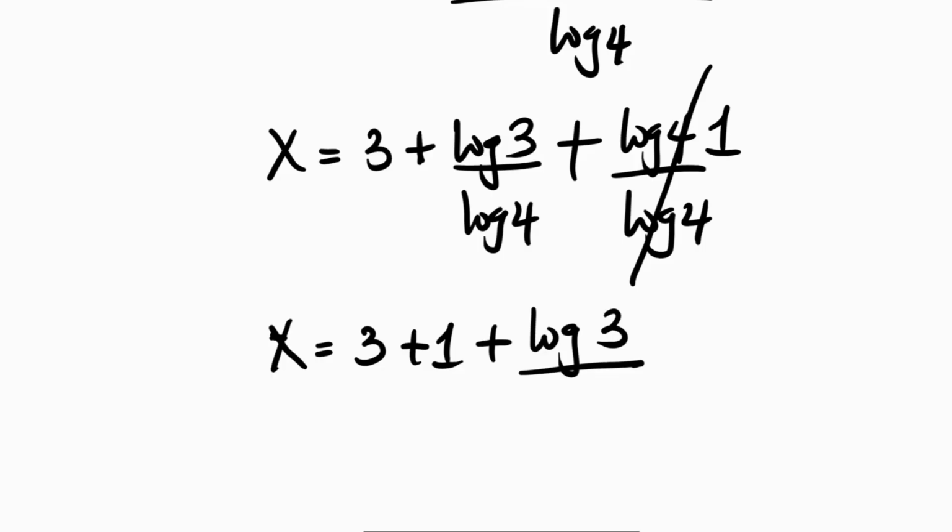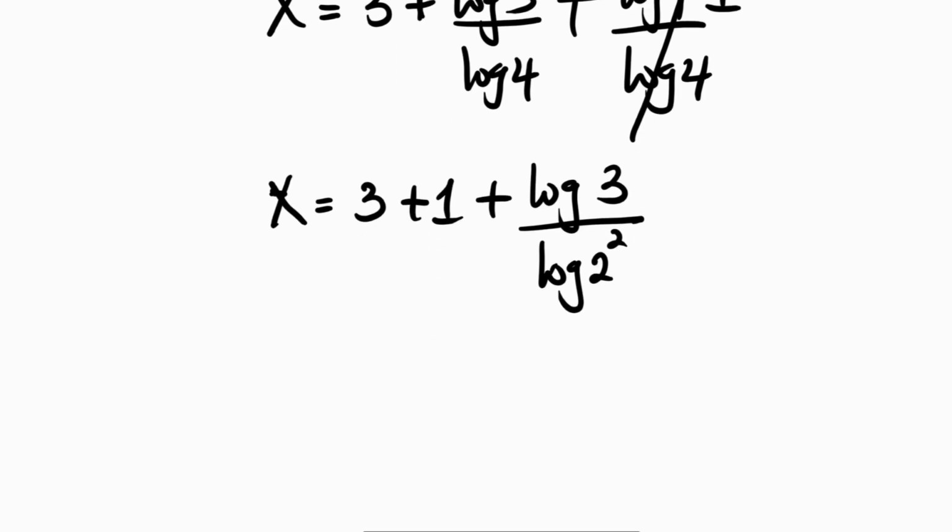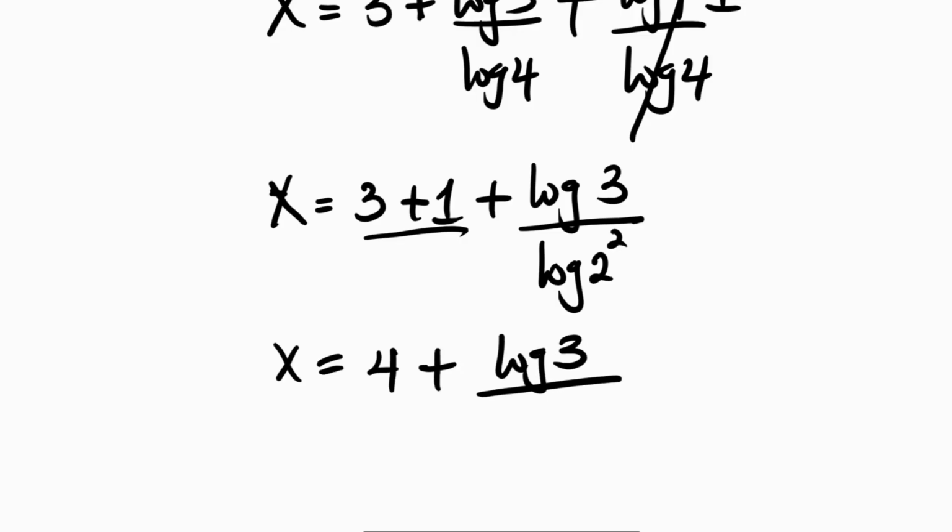We can rewrite 4 as 2 squared. Okay, right. So 3 plus 1 will give us 4 plus log 3 divided by log 2 raised to the power 2, or log 2 squared, which is the same thing as 2 log 2.